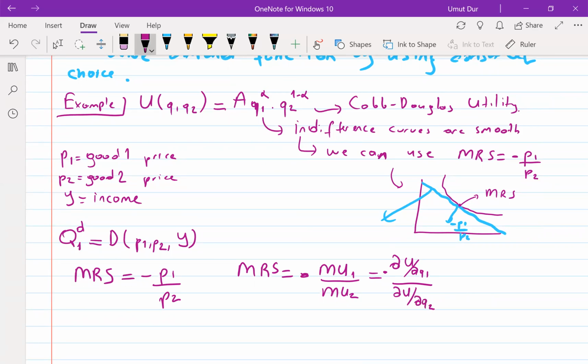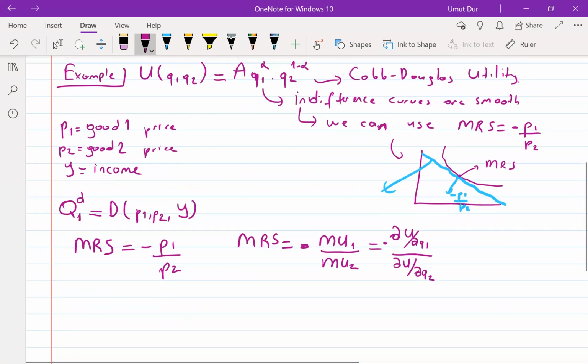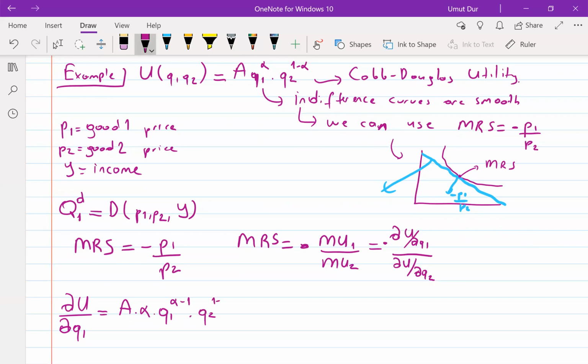If I take the derivative of this function, what is du over dq1? It is A times alpha times q1 to the alpha minus 1 times q2 to the 1 minus alpha. What is the derivative with respect to q2? It is A times 1 minus alpha times q1 to the alpha times q2 to the minus alpha.